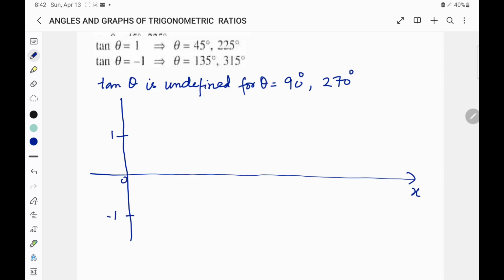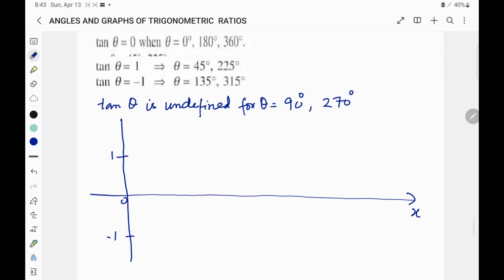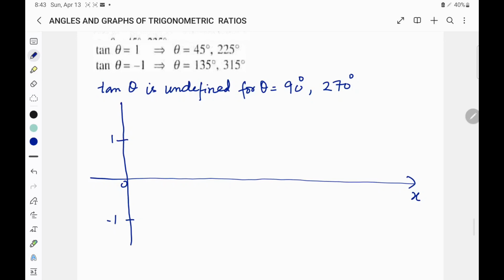This is 0. All right, and then we'll make a difference of 45. Okay, 0, 45, 90, 135, and then you will have 180 degrees, and then you will have 225, 270, and then you can write down 315 and 360.